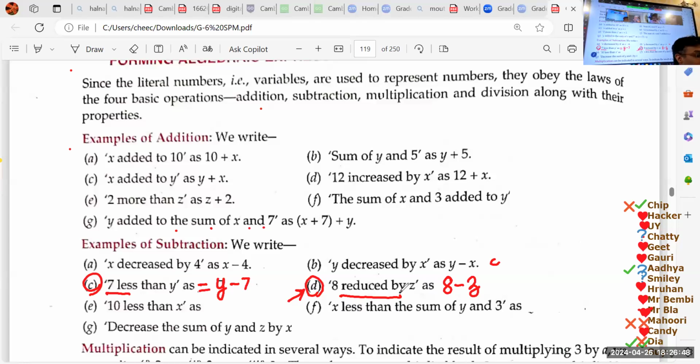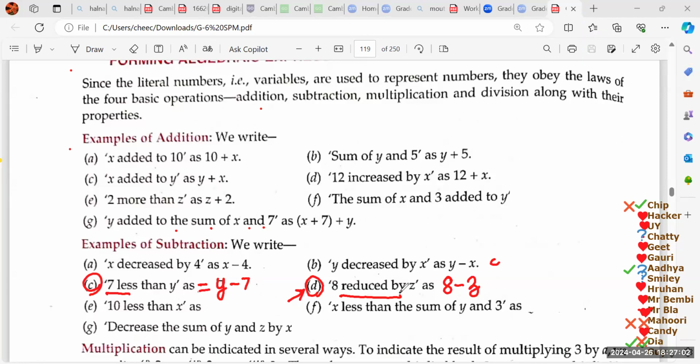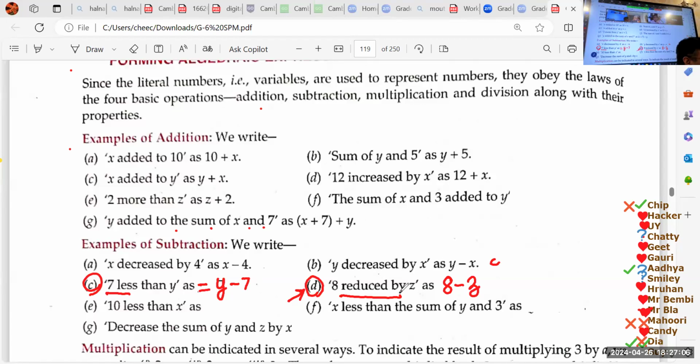No, बेटा. मैं z को reduce नहीं कर रहा, 8 को reduce कर रहा हूँ this time. So sir, if you are reducing 8, the bigger number will come in the front. बेटा, this bigger number, smaller number कुछ नहीं होता. Now we have learned negative numbers also. Now you can do 7 minus 12 also and 12 minus 7 also. So there is nothing like bigger number, smaller number now. That is in grade 3, 4.